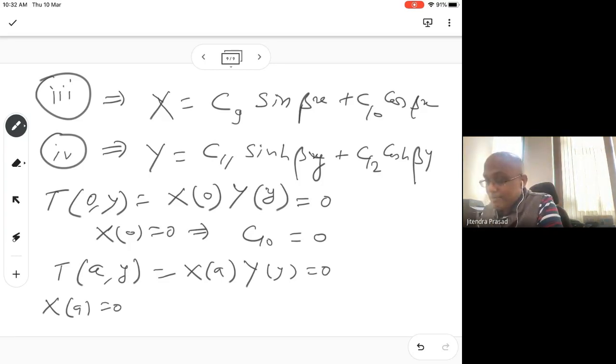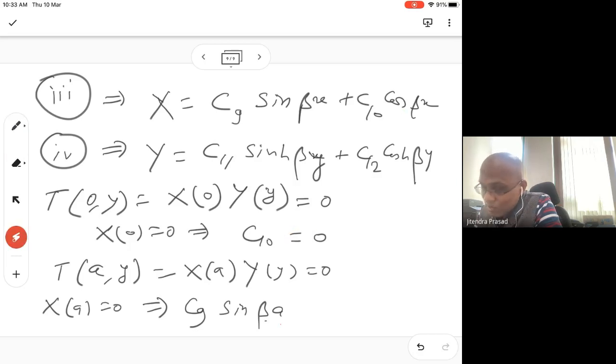So this X a, when you say that really means we put those values here. So what we get is C9 sine beta a plus C10, which is 0 anyway, and that equals 0. So now this is equal to 0.